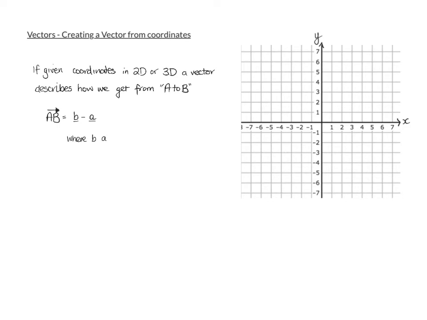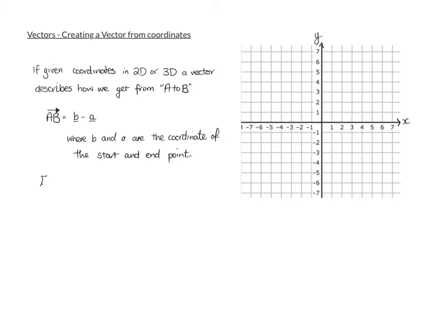And what we have is that B and A are the coordinates of 2 points, the start and the end of our vector. So A and B, or B and A even, are the coordinates of the start and end points.